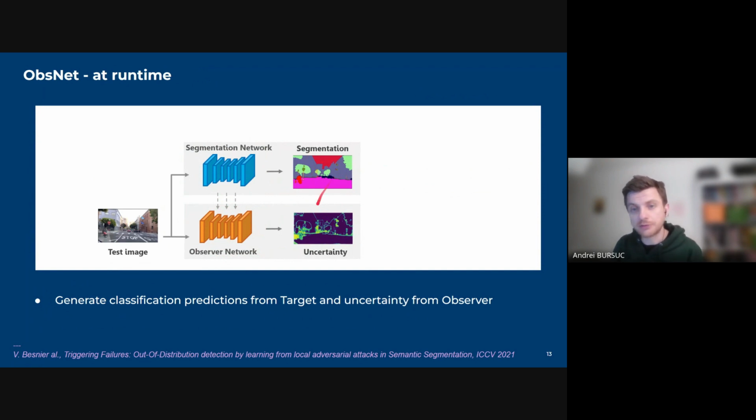That also has a confidence, but we also predict the confidence from the observer network, and this is what we will be feeding to the downstream system to tell it whether it can rely on the prediction from our segmentation network or not, and if it can, at which areas of the image the predictions are reliable.